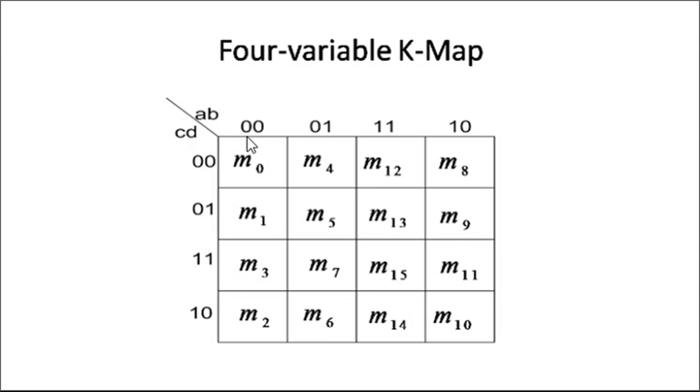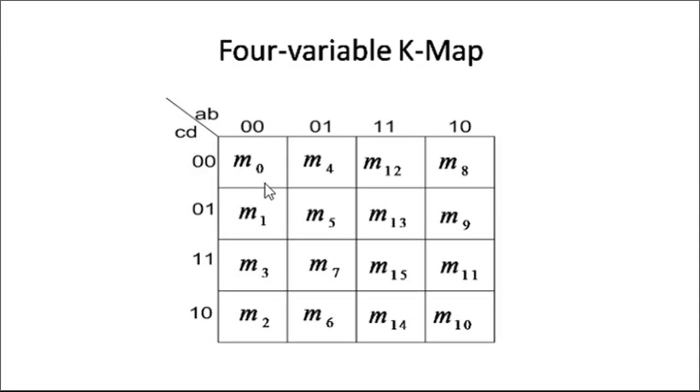So all 0 means A, B 0 0, and the row corresponding to the column we mark like this. So 0 0 0 0 means the decimal equivalent is 0. We are constructing the K-map for the min term, that's why we write the small m, and as the suffix we write the decimal equivalent.